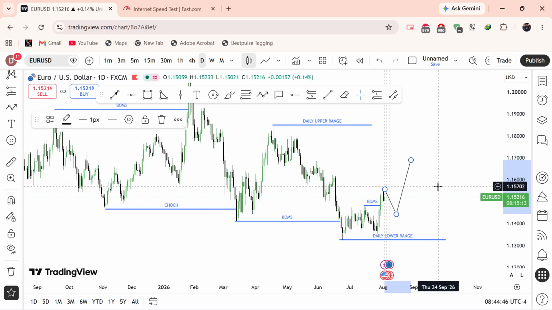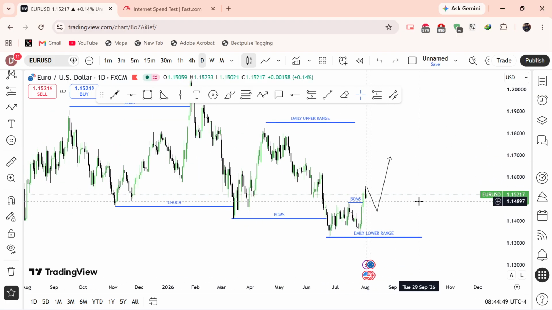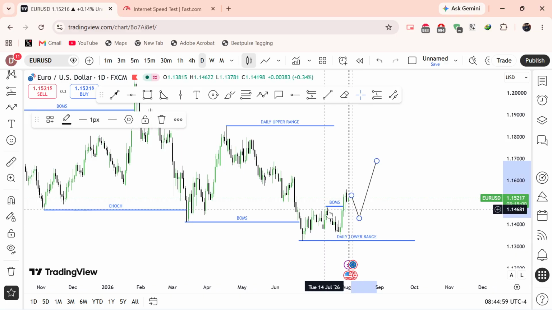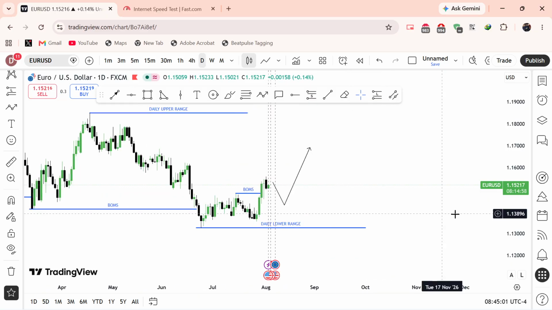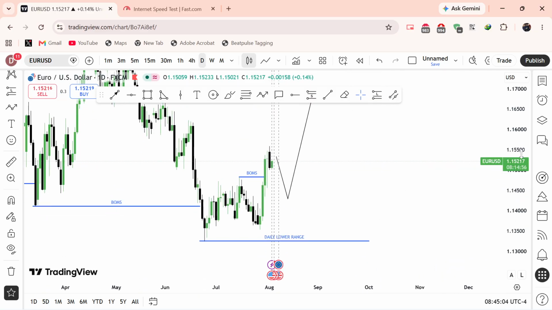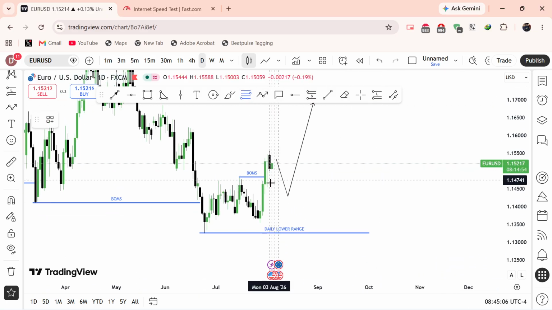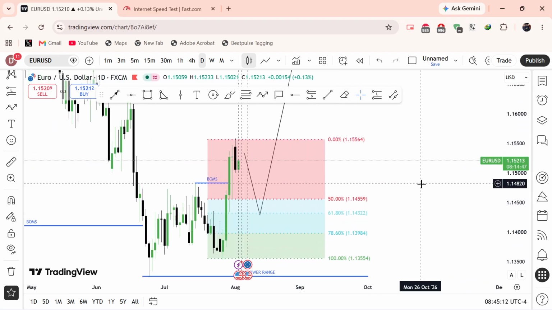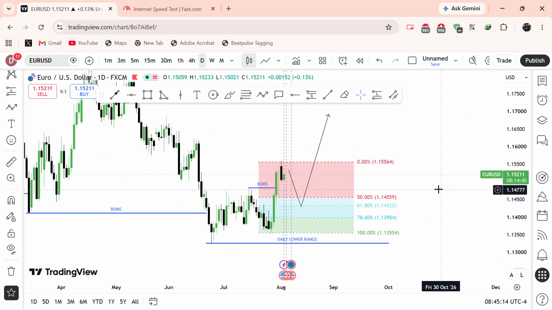Same thing with the DXY. I'll be expecting a pullback because now we have this break of market structure. If you measure using your Fibonacci levels from this low to this high, you can see the market is trading within a premium.